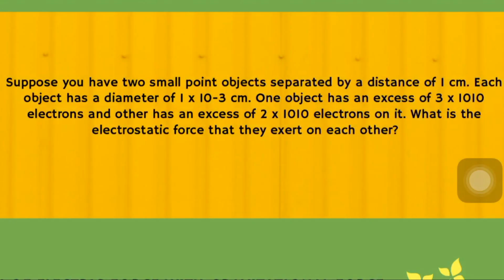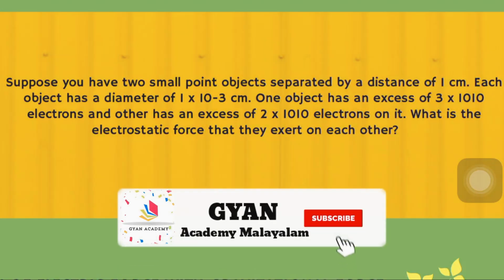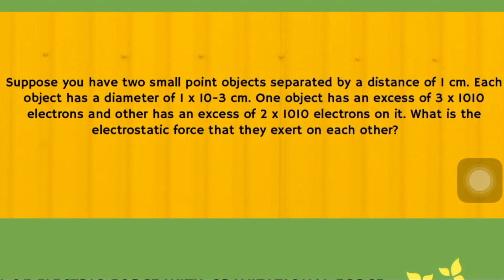Suppose you have 2 small objects separated by a distance of 1 centimeter. Each object has a diameter of 10 to the power minus 3 centimeter. One object has an excess of 3 into 10 to the power 10 electrons, and the other has an excess of 2 into 10 to the power 10 electrons. What is the electrostatic force they exert on each other?